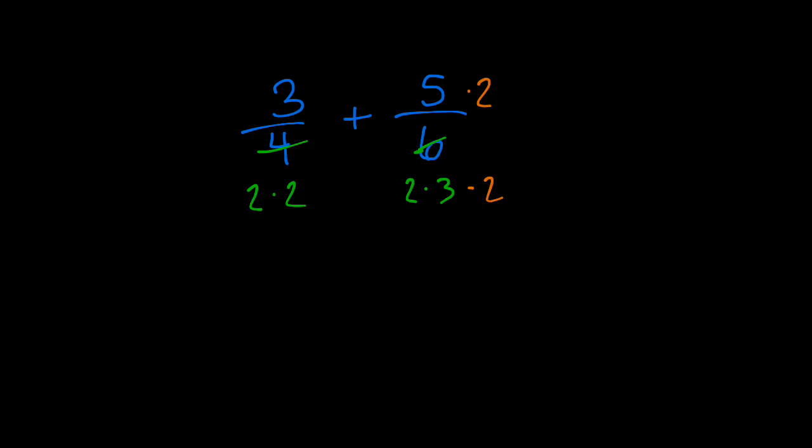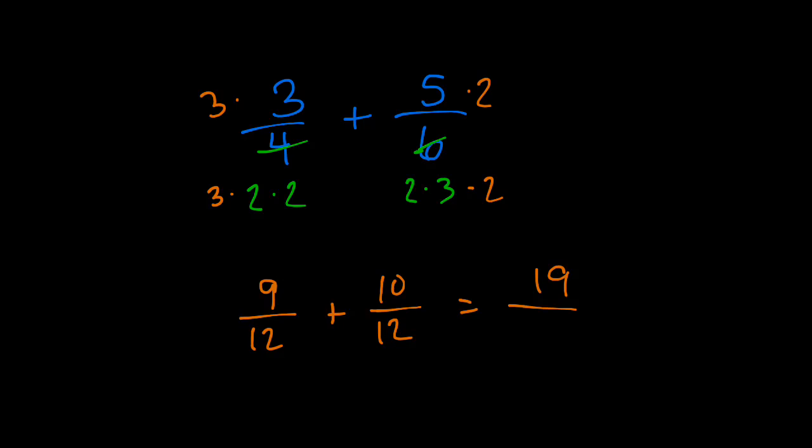So we would multiply in a factor of a 3. And so now we have 2 denominators that match. We have a 3, a 2, and a 2 on this side, and a 3, a 2, and a 2 on this side. And then we would just go ahead with our addition from there. So 3 times 3 is 9, 3 times 2 times 2 is 12, 5 times 2 is 10, 2 times 3 times 2 is 12, and that gets us the same result of 19 over 12.